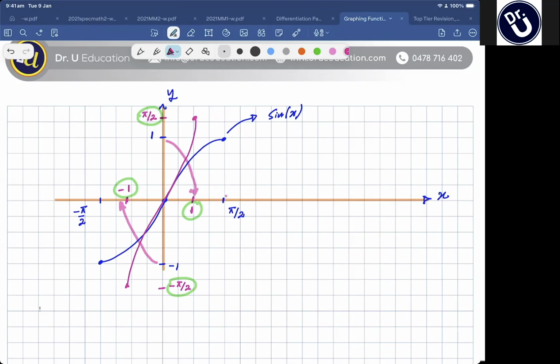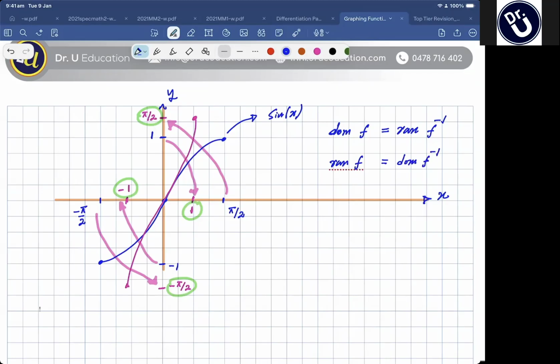And you can see this is swapped here. And you can see this is swapped here. See? You can see the swapping. So that means the domain of f is equal to the range of f inverse, that concept. The range of f is equal to the domain of f inverse, that concept.